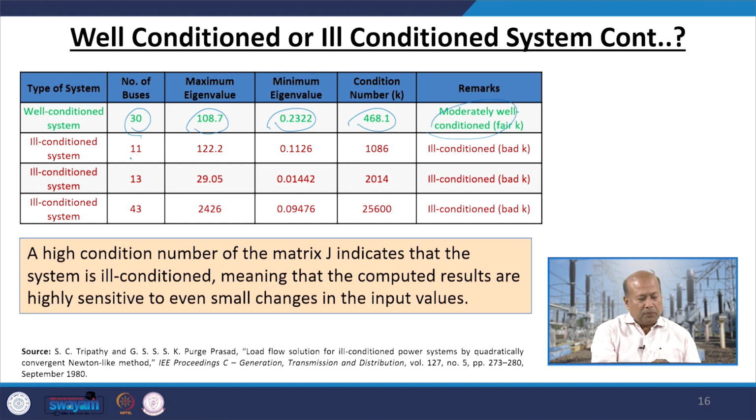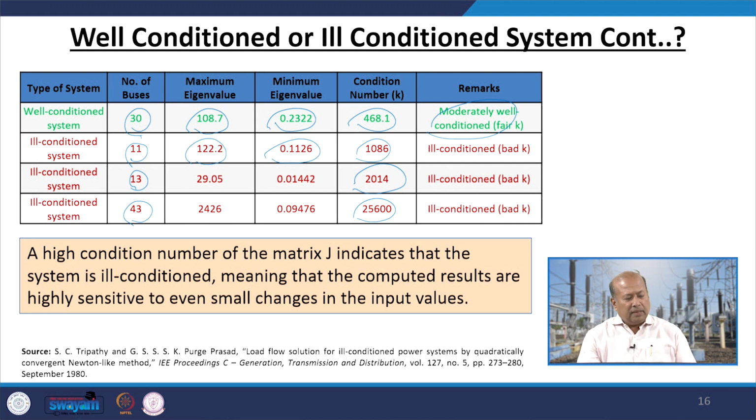Similarly, for bus number 11, maximum eigenvalue 122, minimum eigenvalue 0.11, the condition number is going to be 1086, so it is ill-conditioned because it is too high. For bus number 13, we get 2014. For bus number 43, we get 25,600.